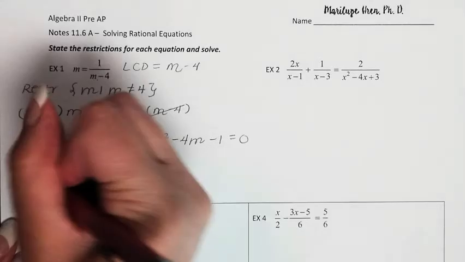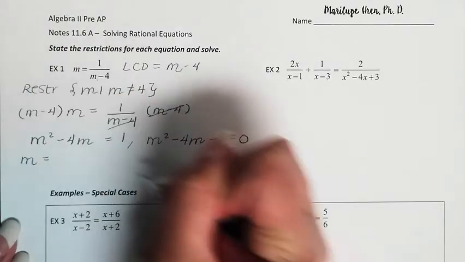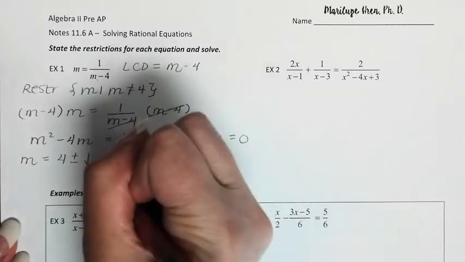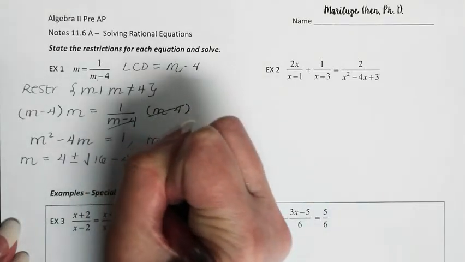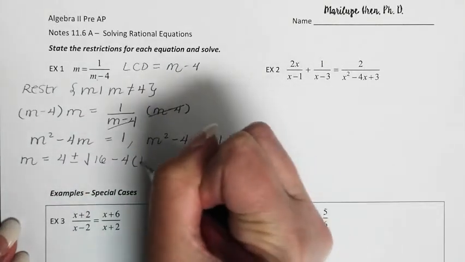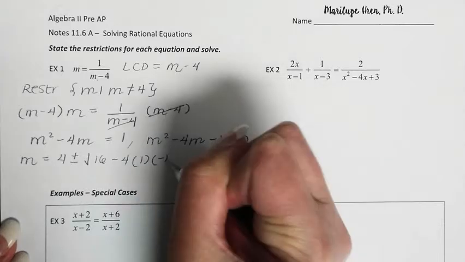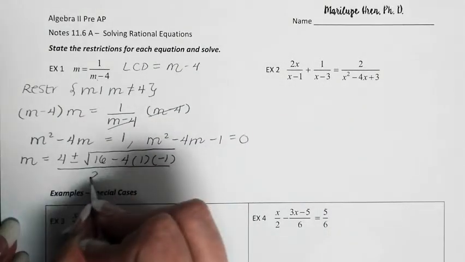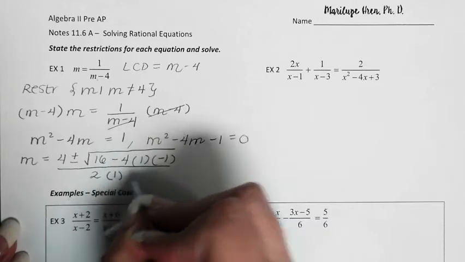Using the quadratic formula, m is equal to 4 plus minus the square root of b squared, which is 16, minus 4 times a, which is 1, times c, which is negative 1, everything inside your square root, everything divided by 2 times a, which is 1.